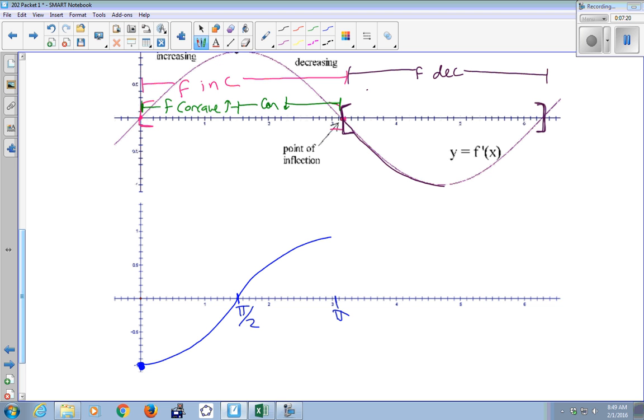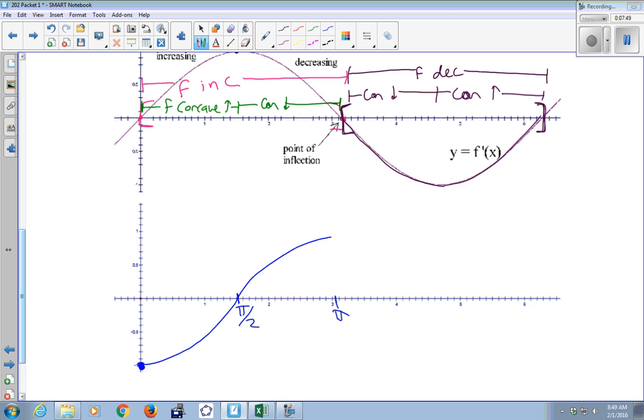So f is concave down on the first half of this interval. And then f prime increases. F prime is now going up. F prime is increasing, which means that f is concave up. Okay. So when I draw the second piece of this graph, it has to be always decreasing, but it starts concave down and then it finishes concave up.